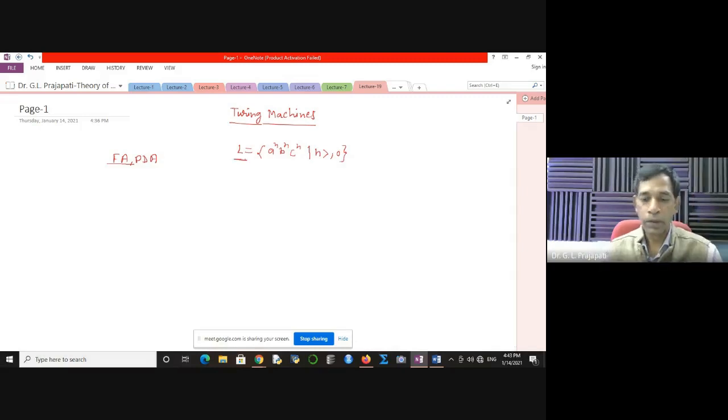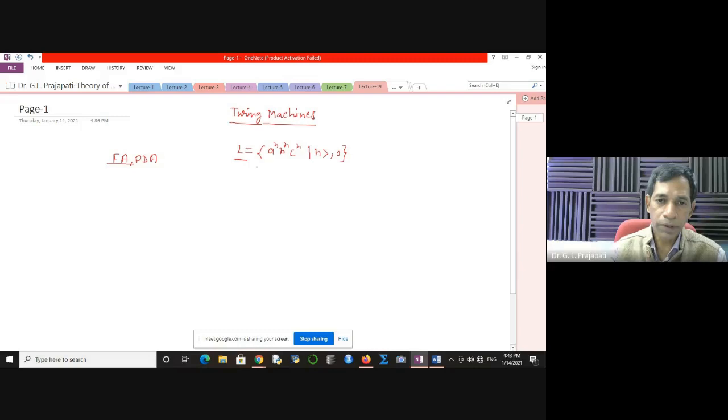If you are asked to construct the finite automaton or PDA for this language, what can you do? You have seen in the case of the FA that you cannot construct the finite automaton for this language, as this is not a regular language, and also this is not a context-free language.